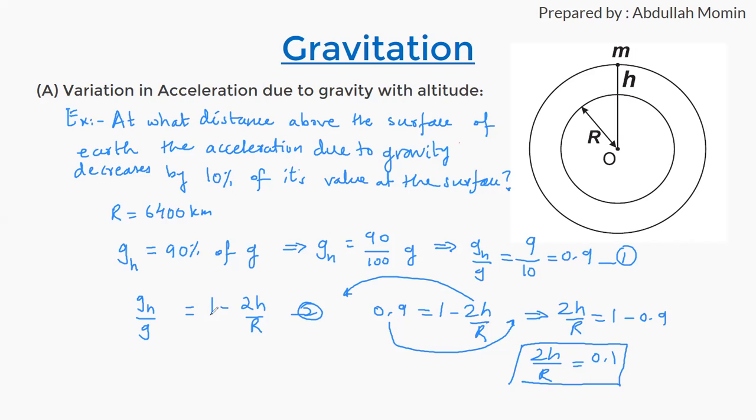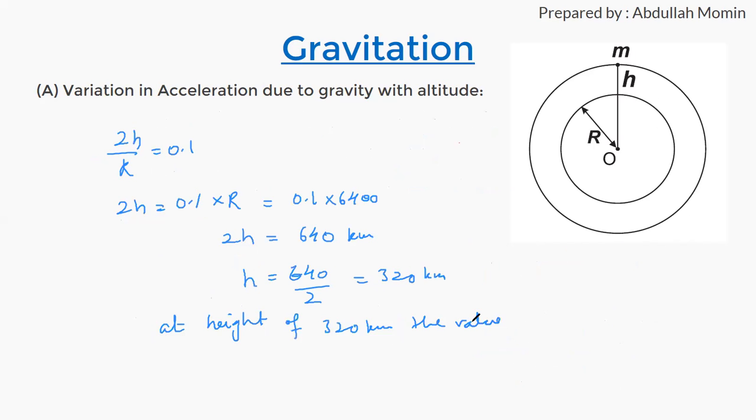So at a height of 320 kilometer, the value of g becomes 10% less than its value at the earth surface. So this is our answer.